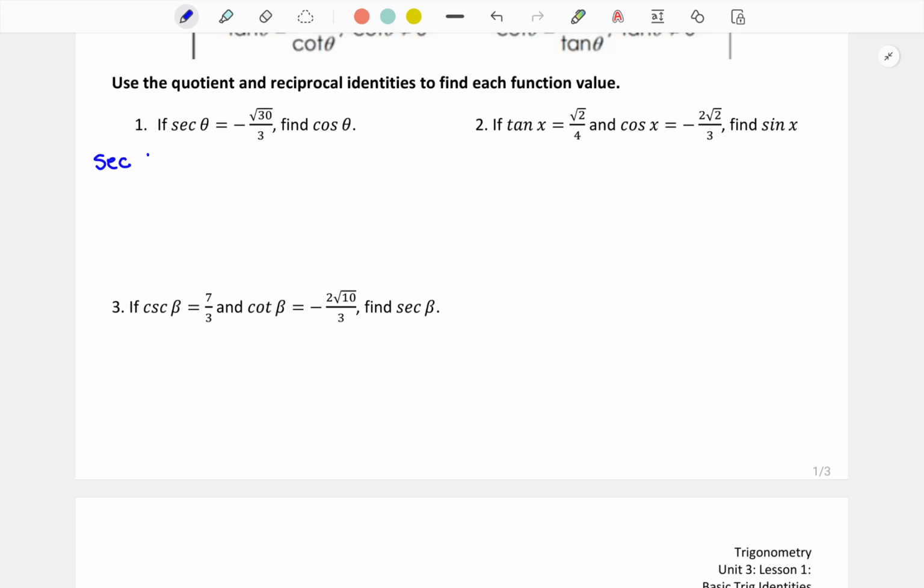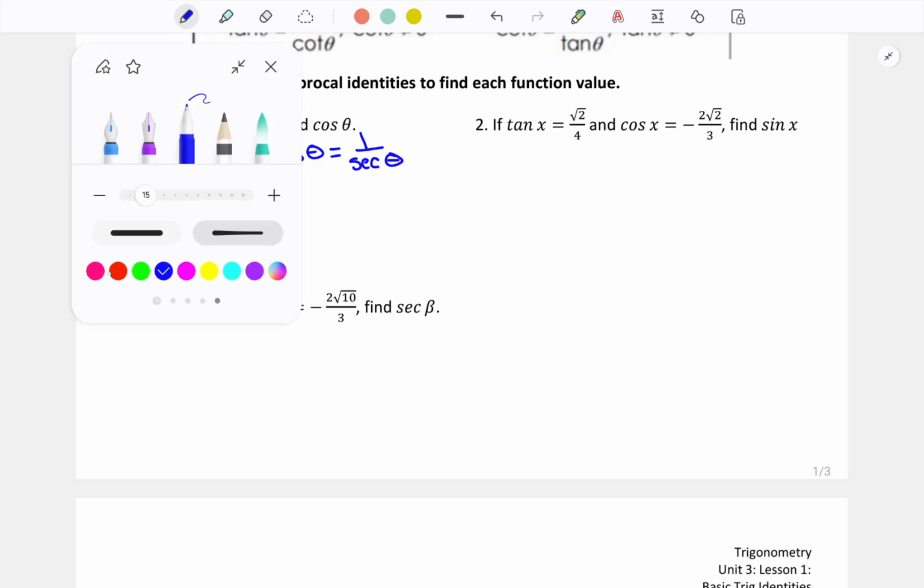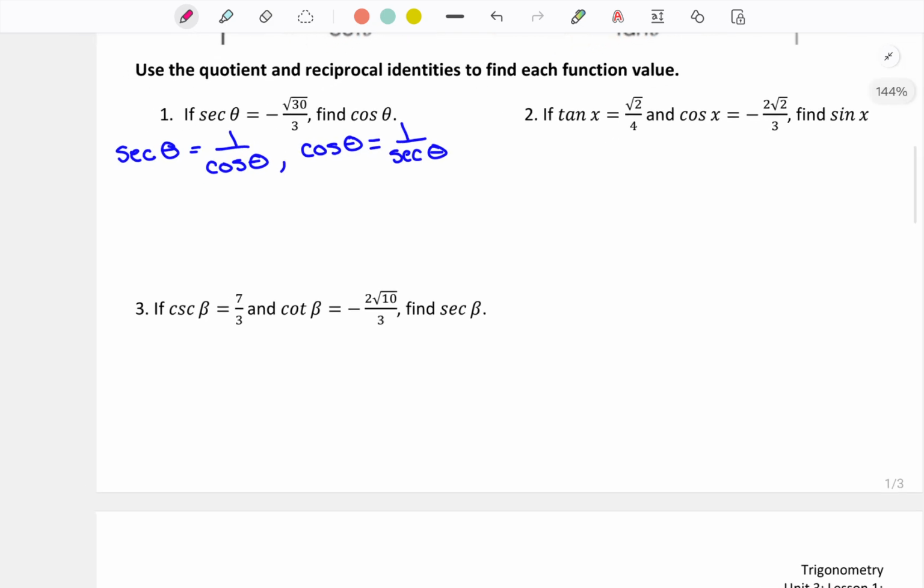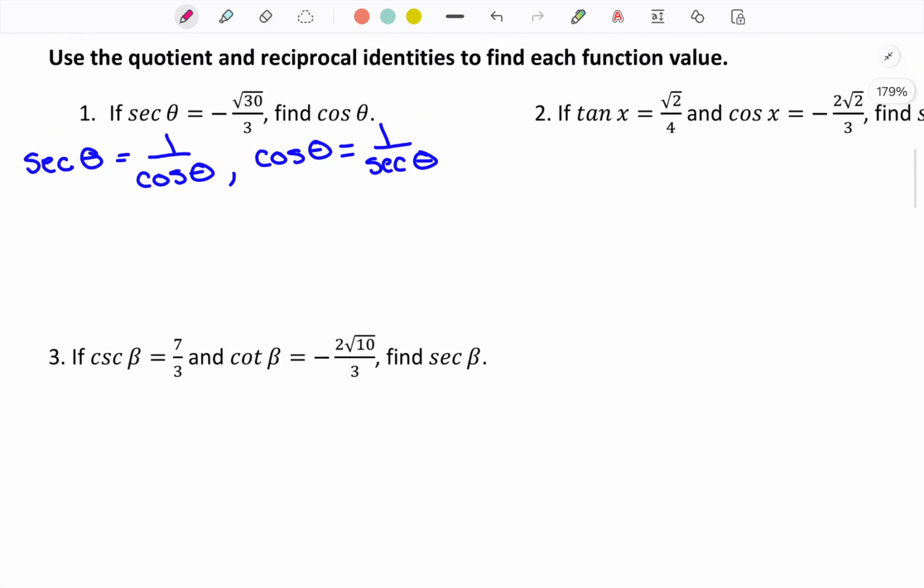We have that secant theta is equal to 1 over cosine theta, and we also have that cosine theta is equal to 1 over secant theta. So we are actually looking for cosine, so we are going to use that side of the reciprocal identity. And so we have that cosine theta is equal to 1 over secant. So this is going to be 1 over the negative square root of 30 over 3.